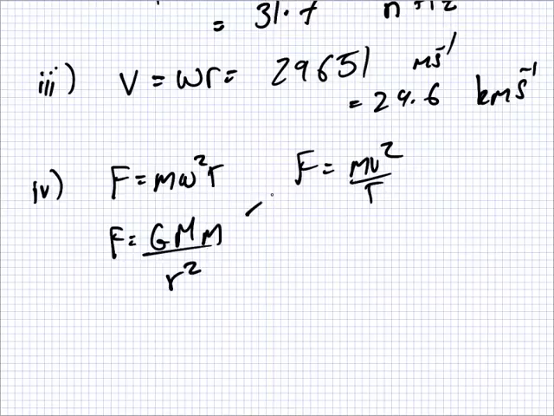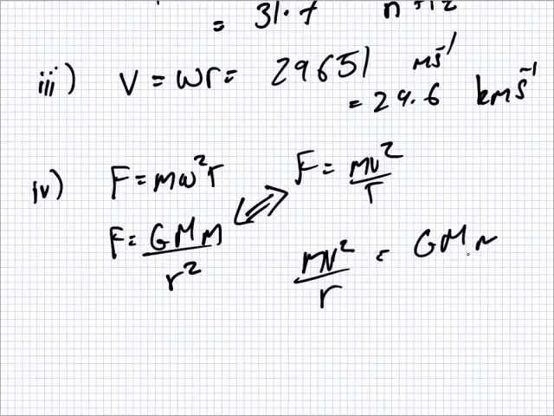So putting these two together, mv squared over R equals GMm over R squared.